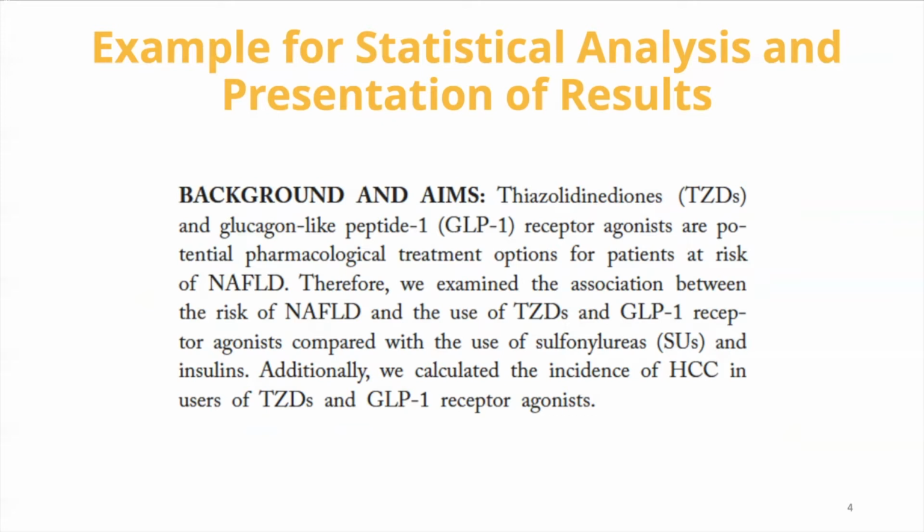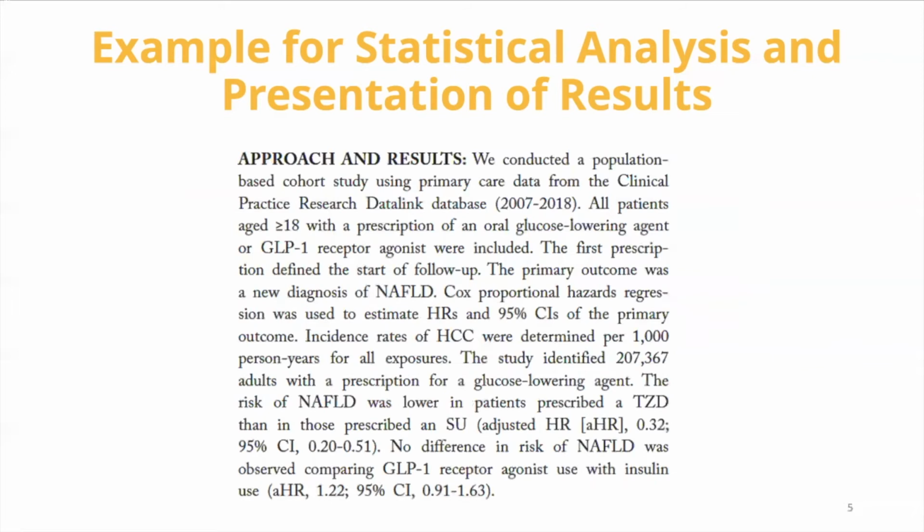Therefore, the authors examine the association between the risk of liver disease and the use of TZDs and GLP-1 receptor agonists compared with the use of sulfonylureas and insulin. For all of my examples, I'm just going to focus on the TZD SU comparison and the risk of liver disease, just to simplify things a bit.